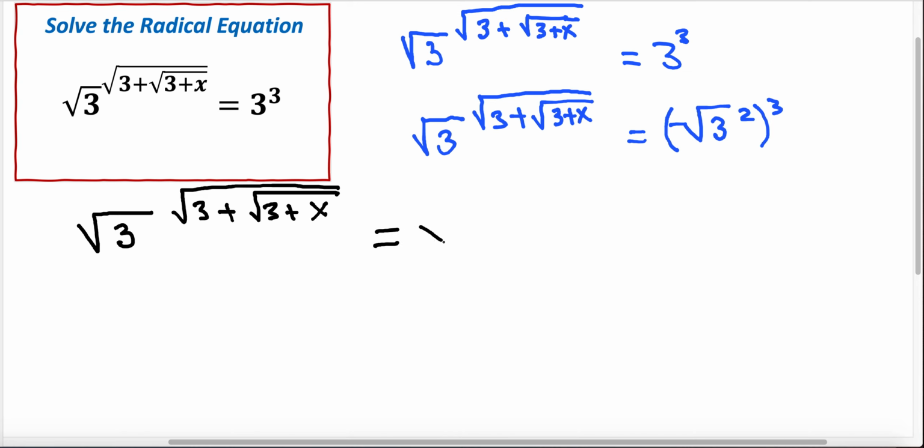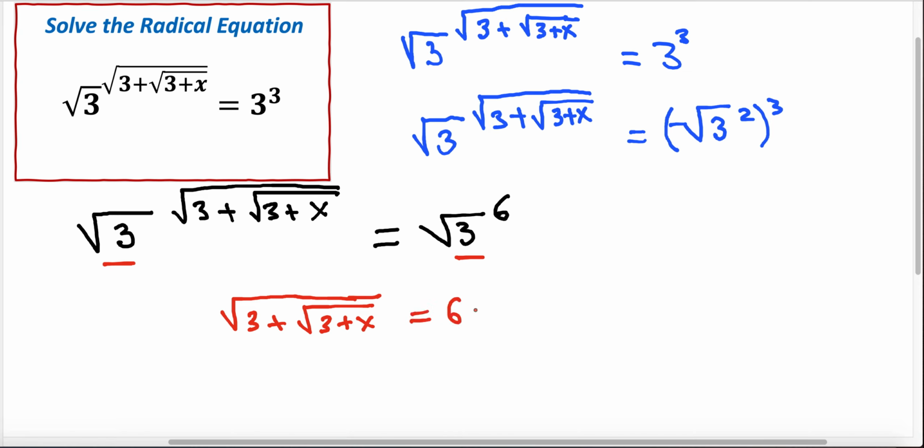And this one I can write as a square root of 3, and 3 times 2 is 6, so this one in exponent 6. But because the base here is the same, the square root of 3, and the other side is the square root of 3. And when we have exponents with the same base, they have equal exponents. It means the exponent here, 3 plus square root of 3 plus x, is equal with 6.